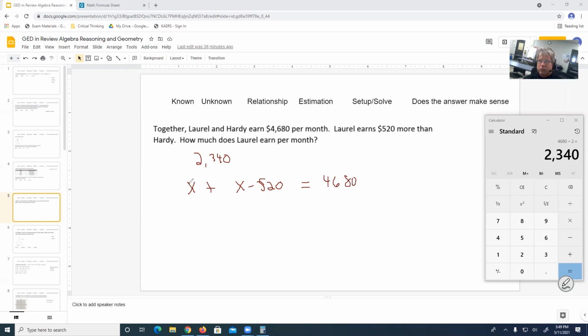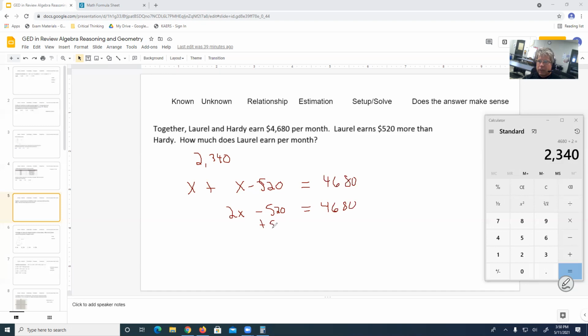Now, if you know a little bit about algebra, an X and an X will give me 2X minus 520, and that has to give me 4,680. To solve an equation, we can use inverse operations to get X by itself, so we have to isolate this X. The way we can do it is get rid of subtraction first by using addition.